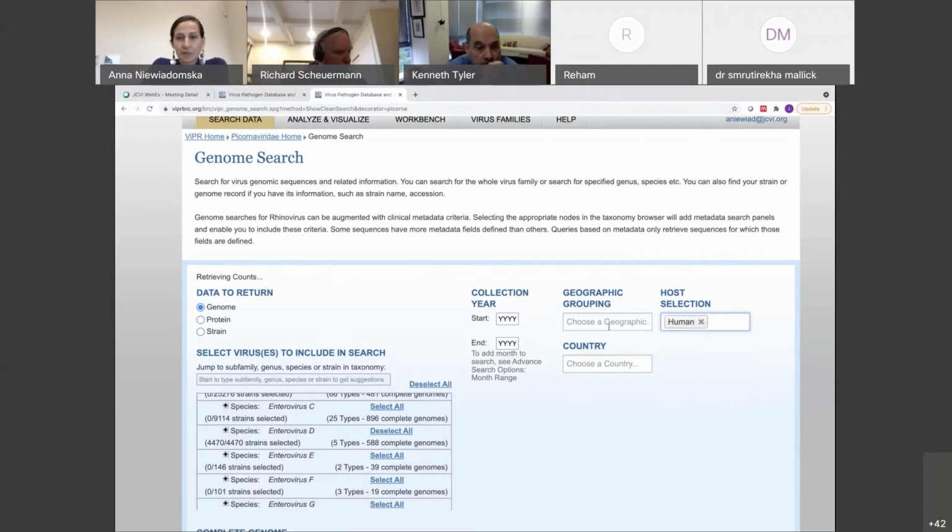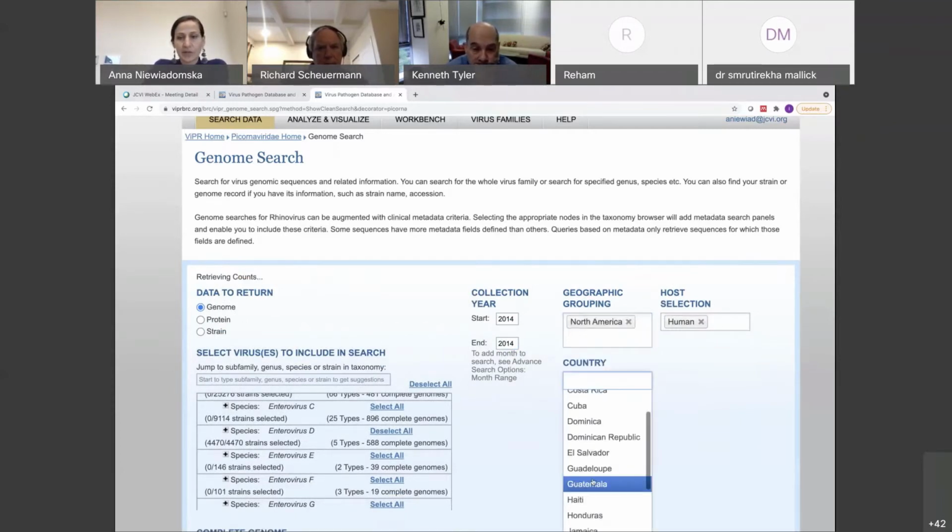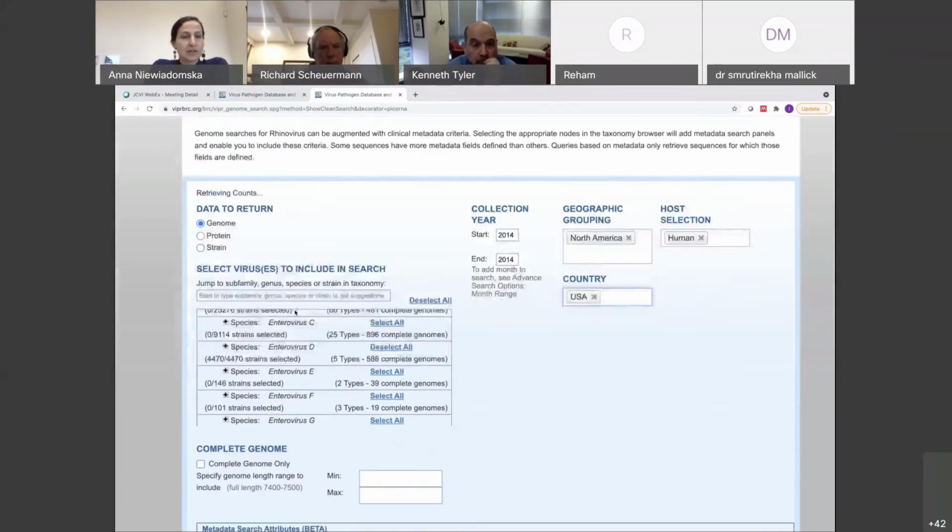So let's say, for example, I'm interested in enteroviruses from 2014, the 2014 outbreak in humans. And let's say I want those in North America and specifically those that were isolated from the United States. So that would return 935 sequences.